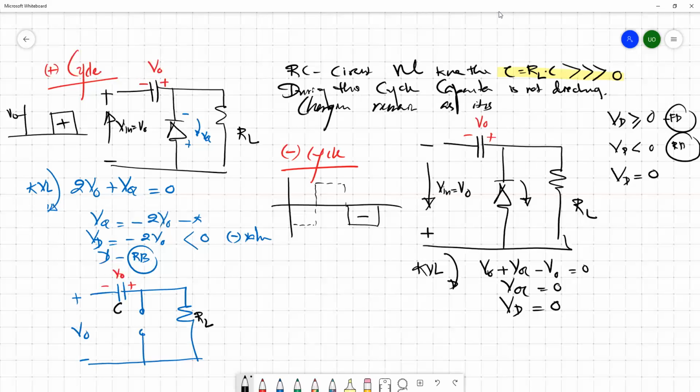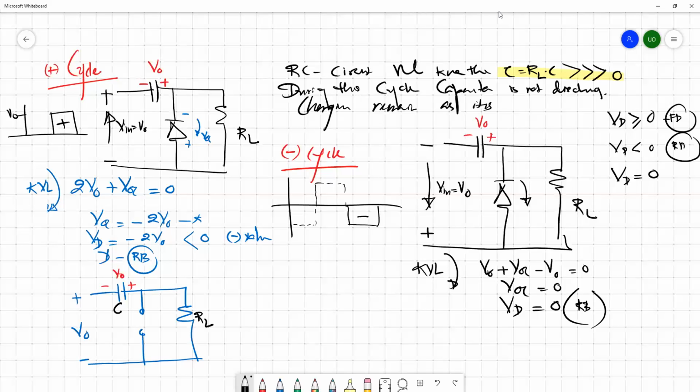So once you apply 0 voltage across the diode, that state remains as is. It means the diode is still on even if the voltage is 0. So based on that assumption, in the previous cycle we found that the diode is reversed, and even if it is 0, the diode should be in reverse bias.